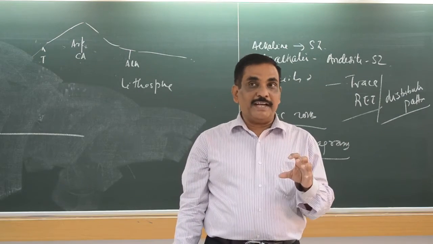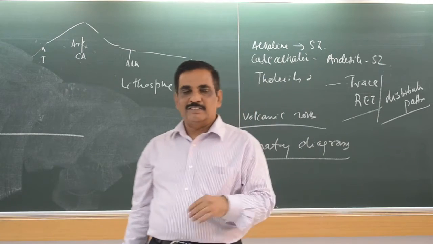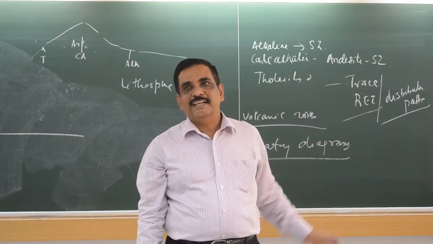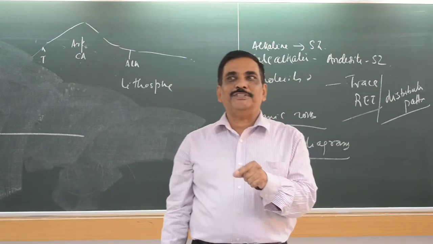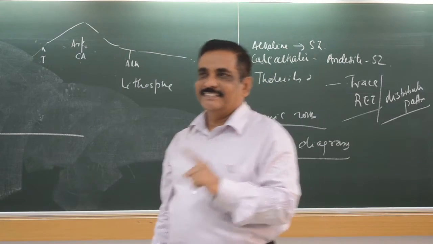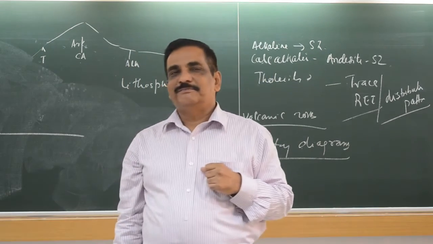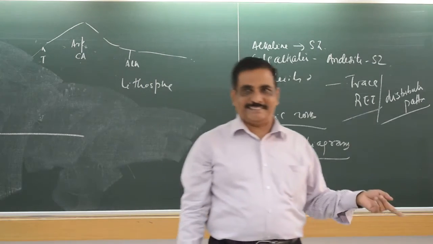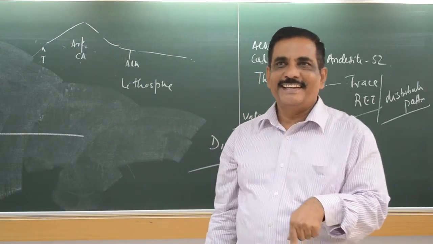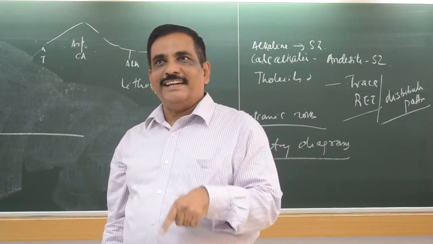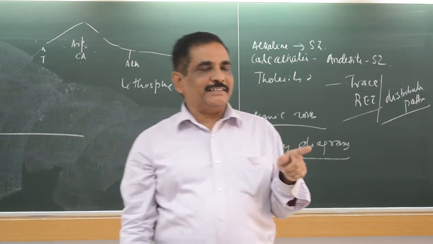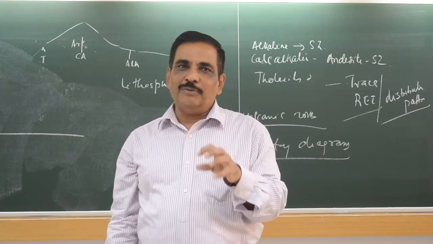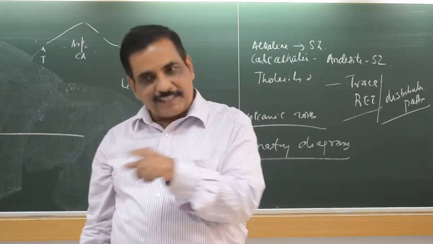Now this tholeiite has come from the mantle through different processes. If you compare this tholeiite composition with respect to chondrite, that is what he is telling. So the change has happened from its primitiveness to today. So that will be a signature. That will tell you a story of how the rock has undergone changes in different tectonic settings.